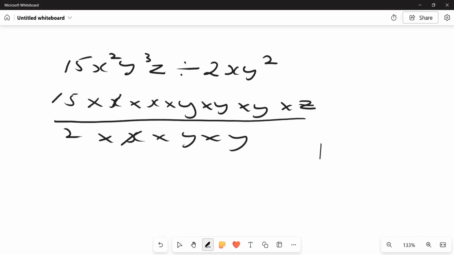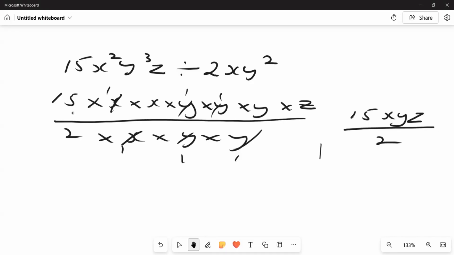This x and that x cancel, this y and that y, this y and that y. So you will end up with 15xyz all over 2. You can write it like that, or you can write 15 over 2 xyz.